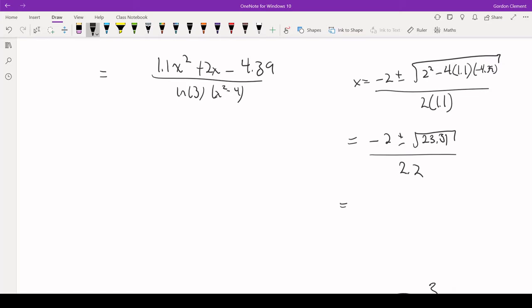So we're going to get -2 plus that. And -2 minus that.